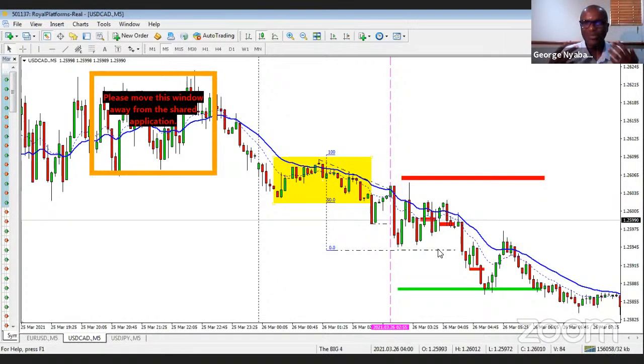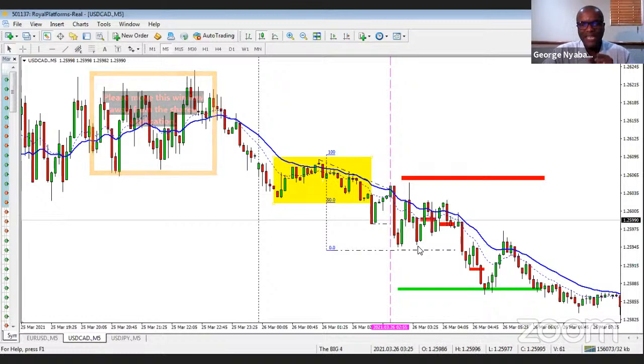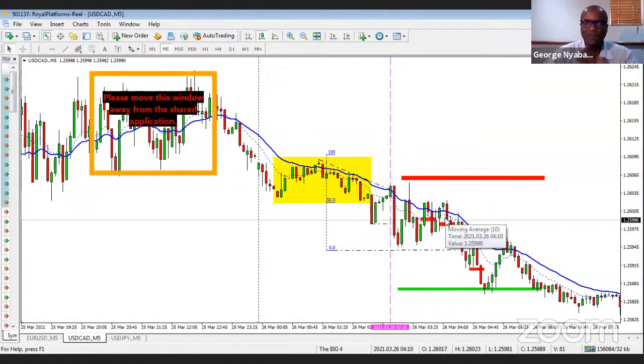Our business is to manage the trades that we've taken. We're in the market, and that's part of the fun. Let's manage it. Let's see what happens. So I know that at that measured move, the market could turn. And if it turns decisively, I'm happy to get out of the trade, and hopefully I can get out at break even. Or I can just wait to see if my stop gets hit. That's part of the trade management.